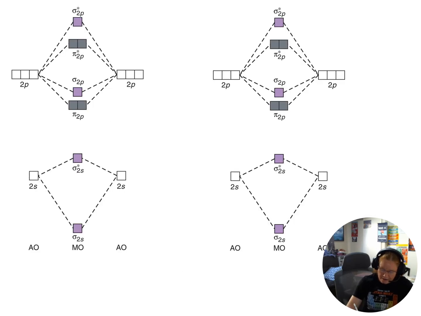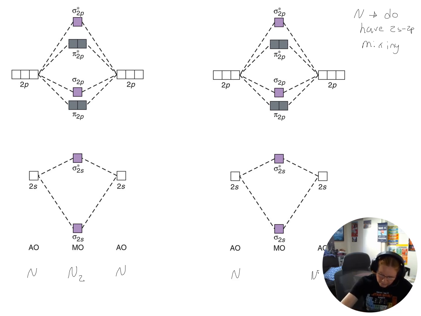So these diagrams are for nitrogen, all right, because we do have 2s, 2p mixing. So you'll show the nitrogen that's not an ion, and then you'll show the one that is an ion.